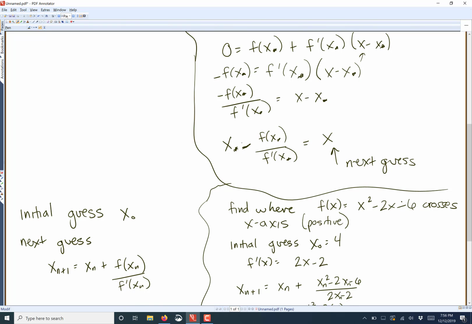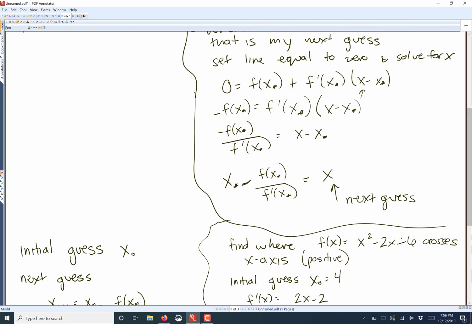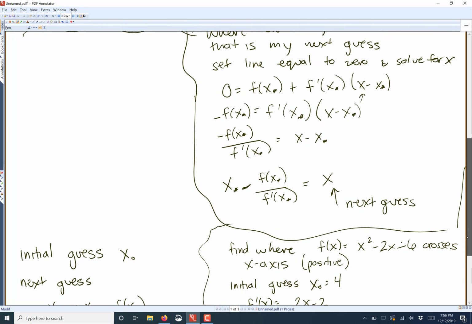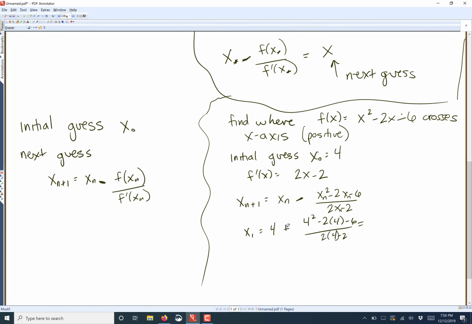This is a minus. That should be a minus. I was not getting accurate results. These should all be minuses. Let's see if that gives me better results.